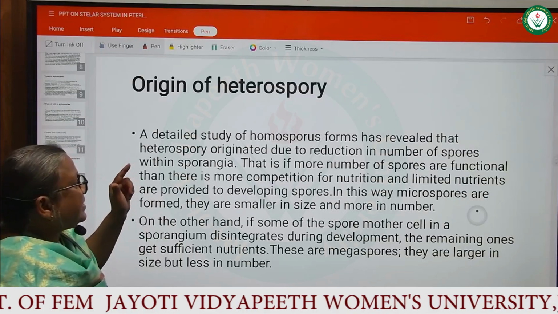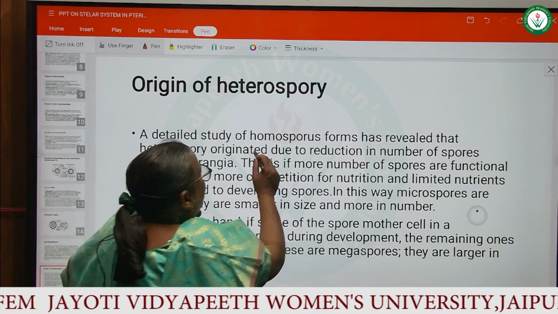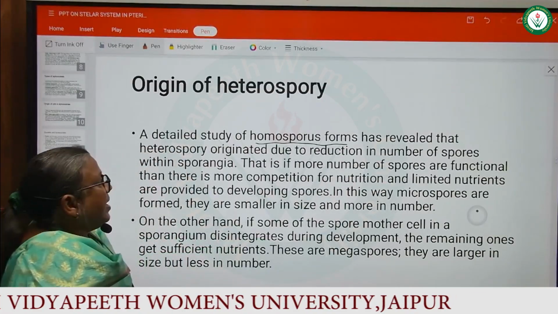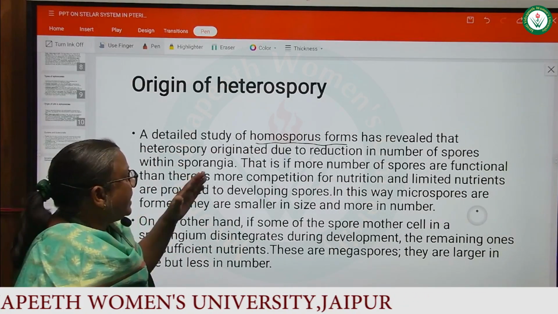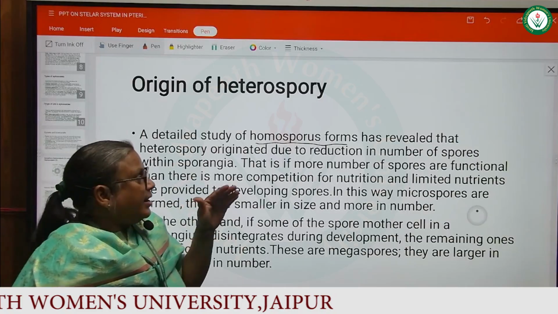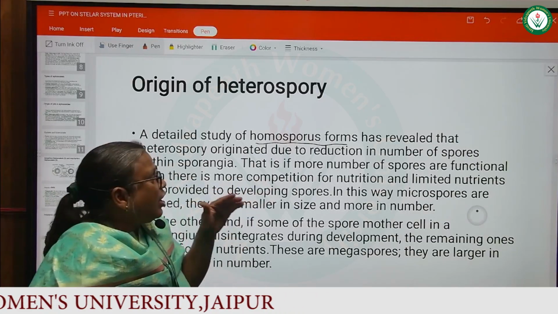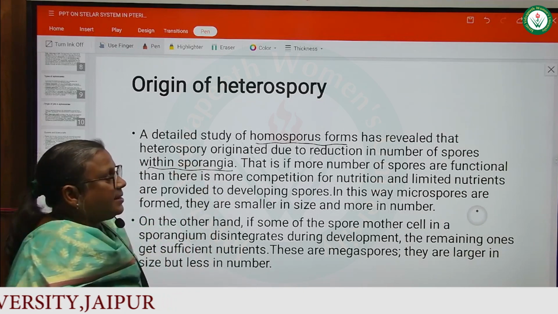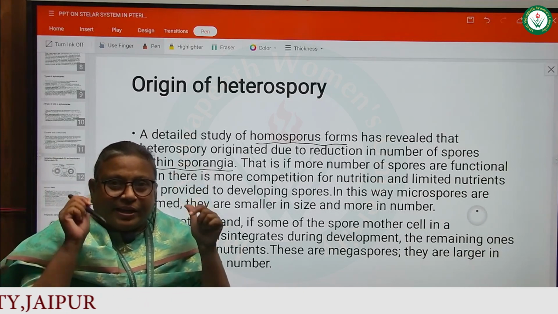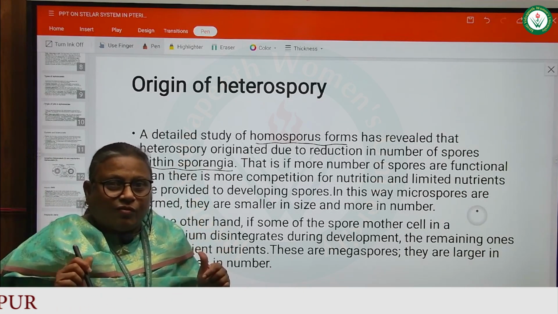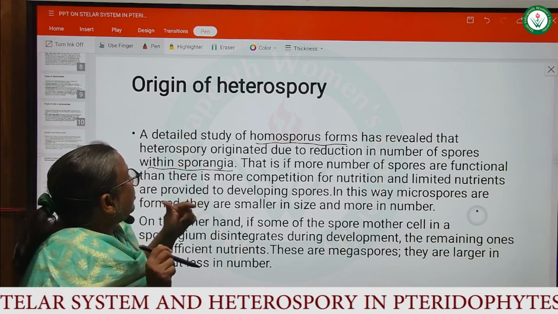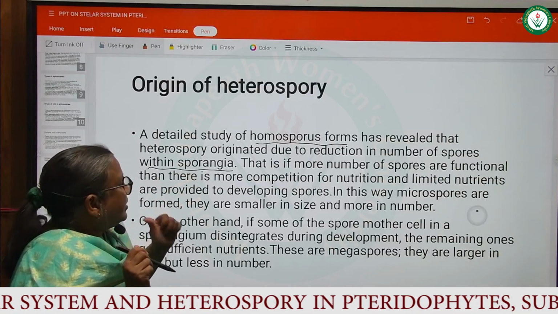Well, a detailed study of homosporous forms has revealed that heterospory originated due to the reduction in number of spores within sporangia, means there is reduction in the number of spores in the sporangia, and so heterospory originated.